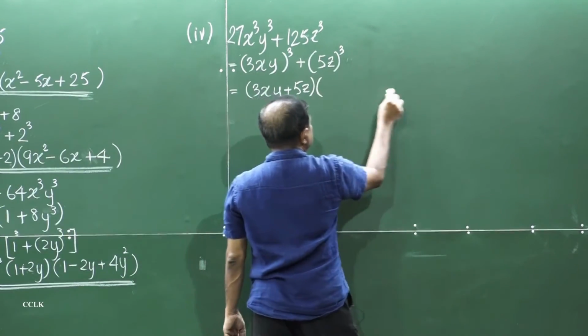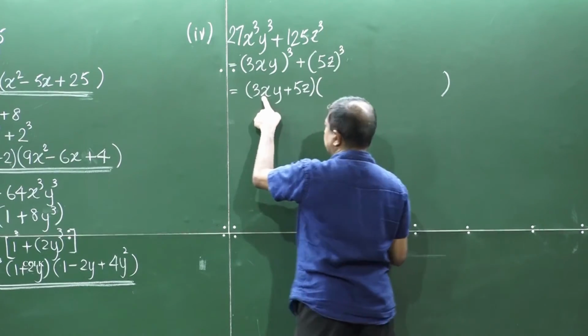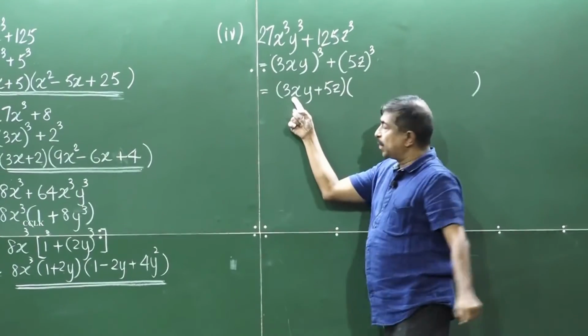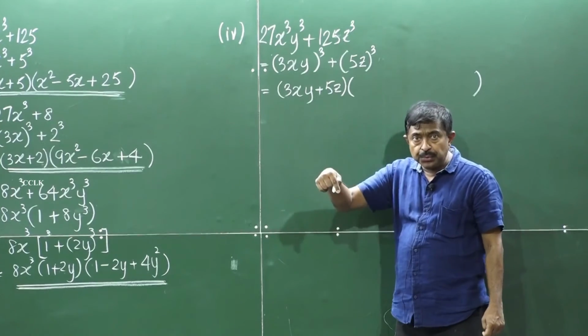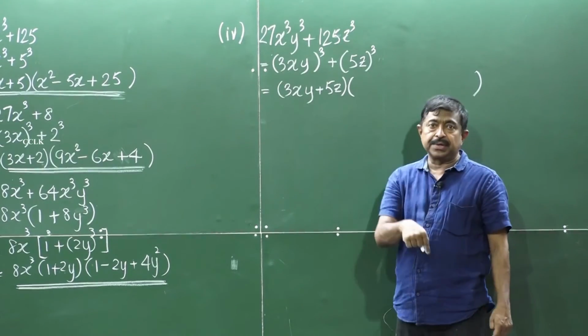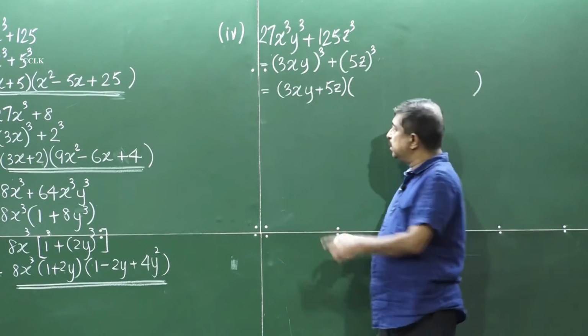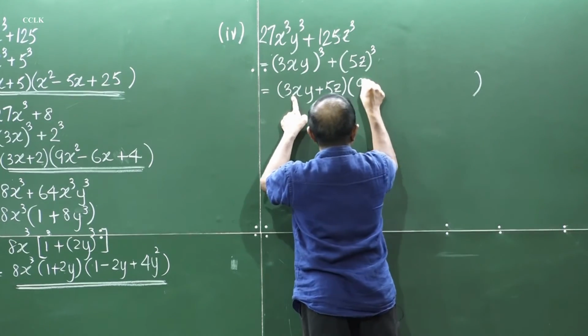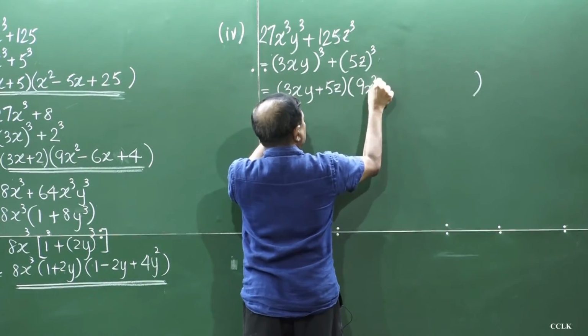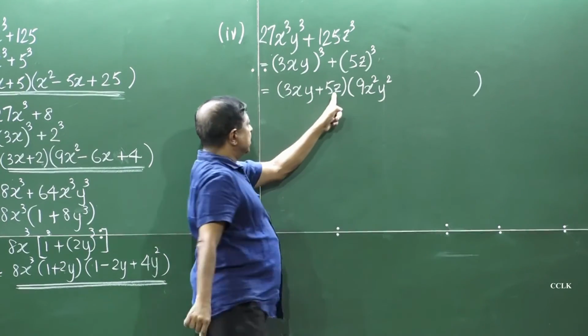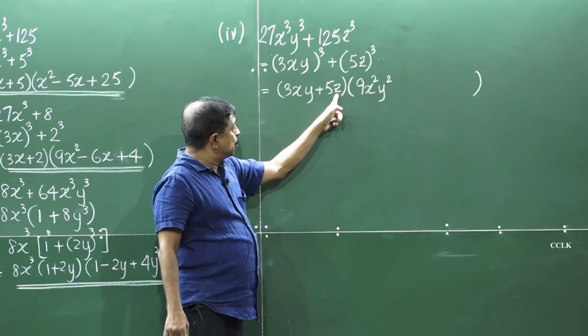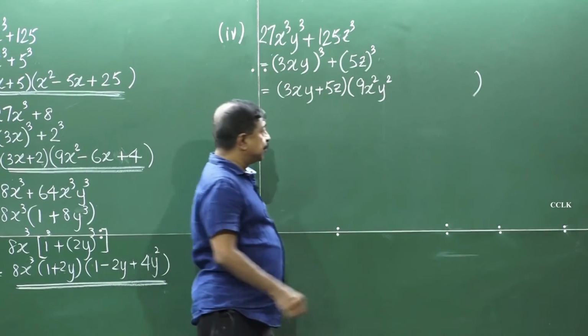Second factor can be generated using this. So, you square this. When you square, you have to square each and every term. So, 9x squared y squared. Then square this one. You get 25z squared.